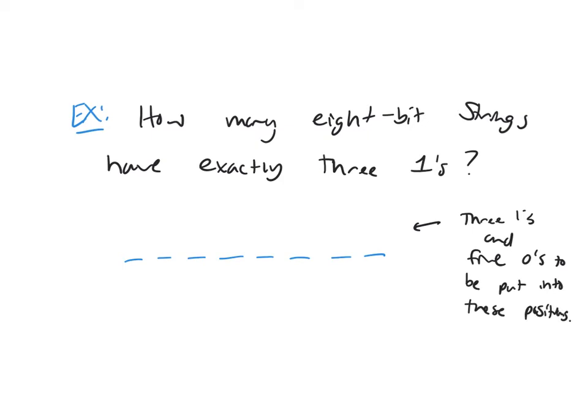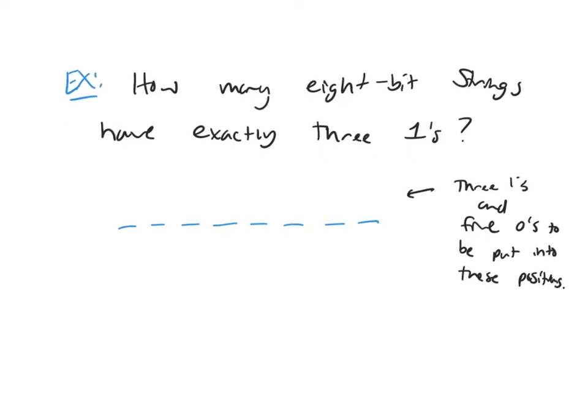Really, after I place the ones, the zeros are forced into their positions. So really all I've got to do is select which positions the 3 ones go in. So this is really like a combination question. I have 8 positions in total, and I need to select 3 of them to place the ones into. So it'll be 8 choose 3.